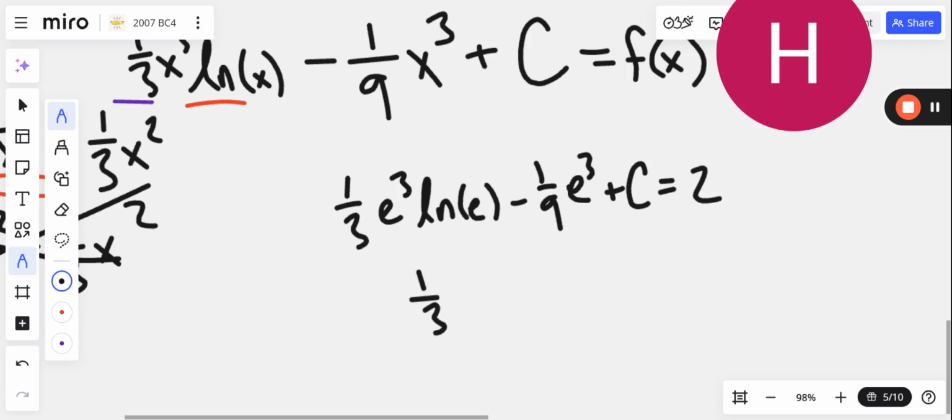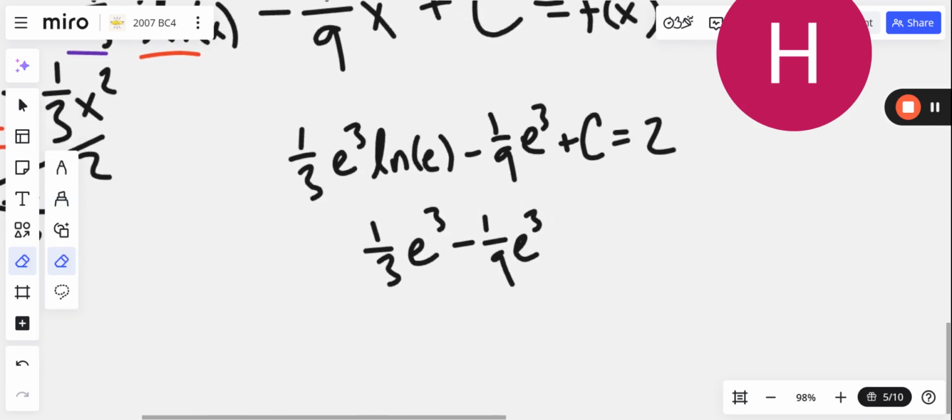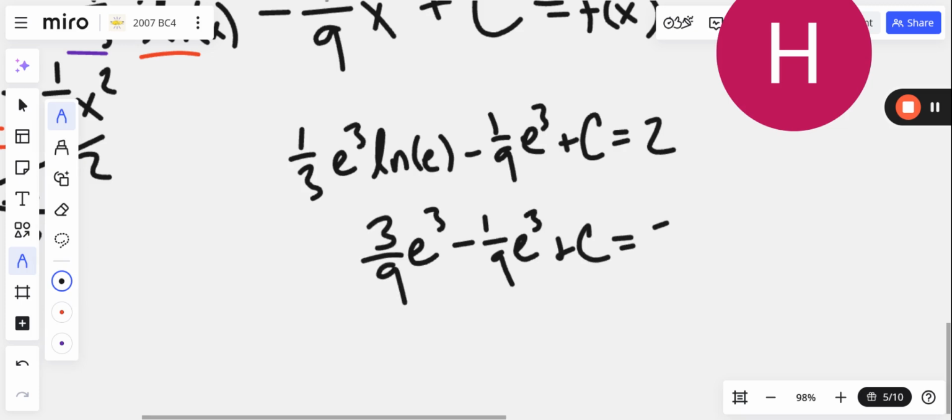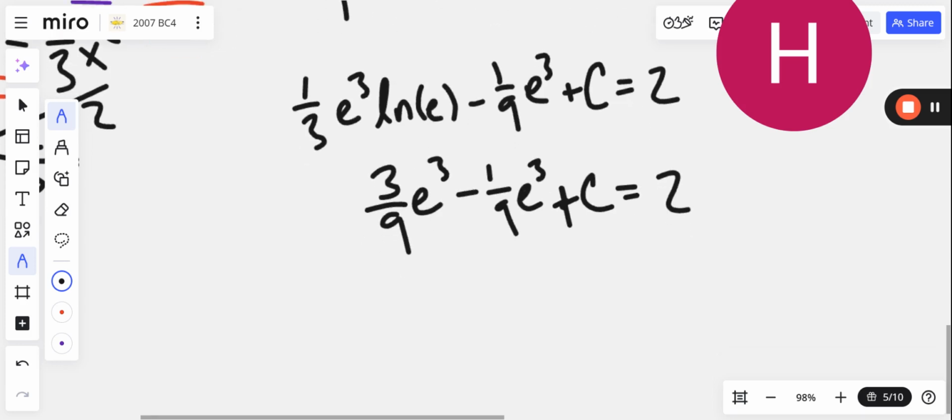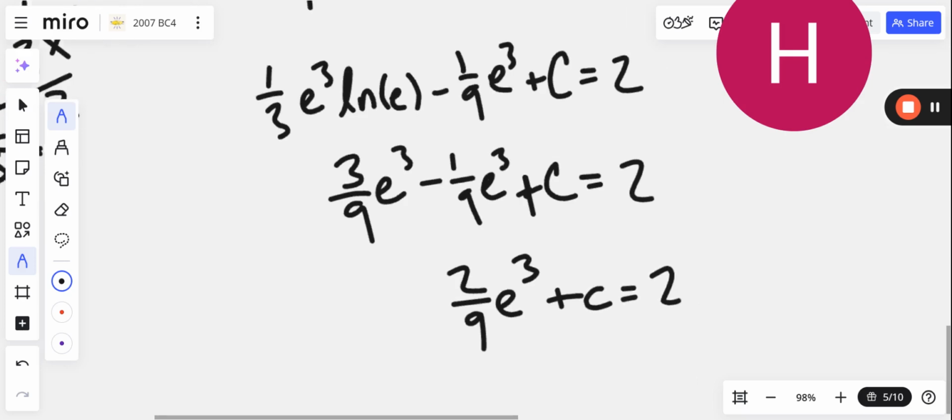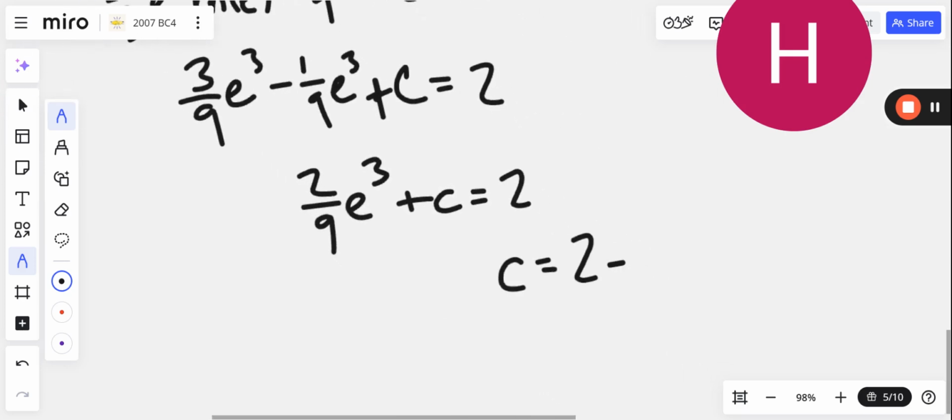So this is 1/3 e cubed minus 1/9 e cubed. Maybe I should just call this 3/9 e cubed. Okay, 2/9 e cubed plus c equals 2. So there's our kind of peculiar c value.